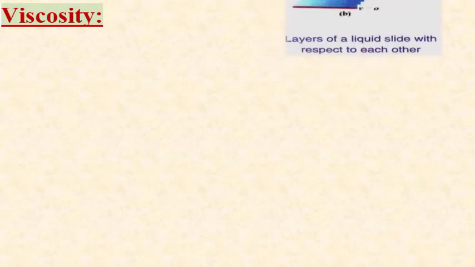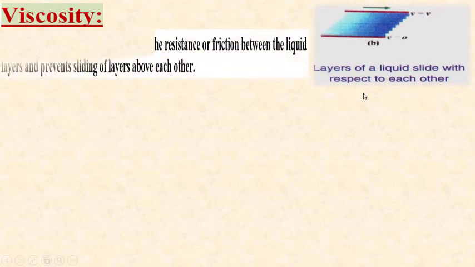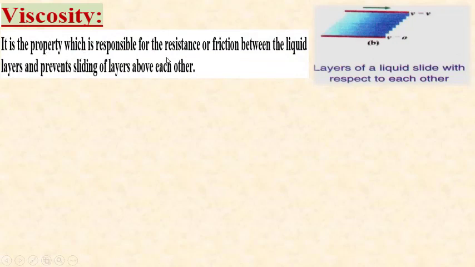The other concept related to this chapter is viscosity. What is meant by it? Look at this figure. Viscosity is the property responsible for the resistance or friction between liquid layers and prevents sliding of layers above each other.